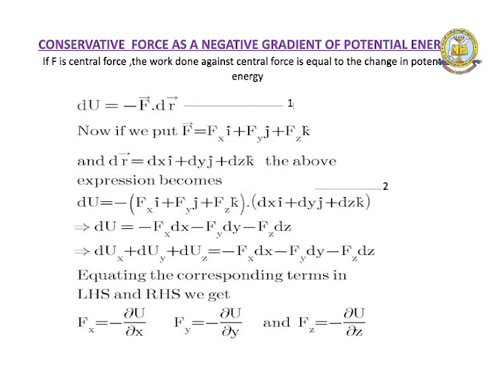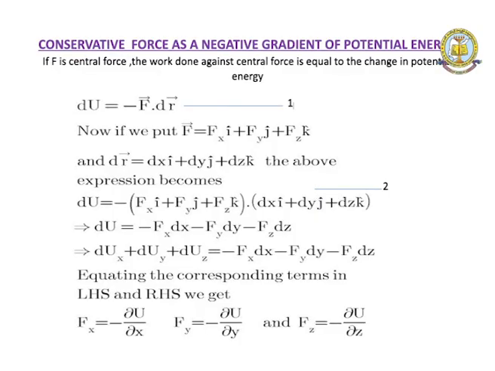Here dU means the x term, y term and z term: dU_x plus dU_y plus dU_z is equal to minus Fx dx minus Fy dy minus Fz dz. Comparing the corresponding terms on the left and right sides, the x terms, y terms and z terms are equal.